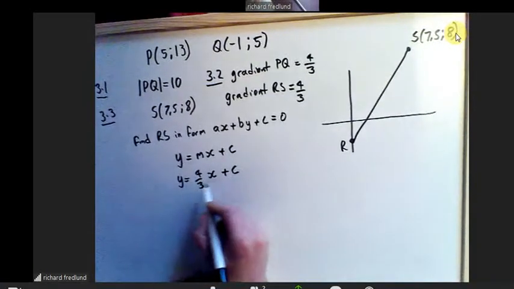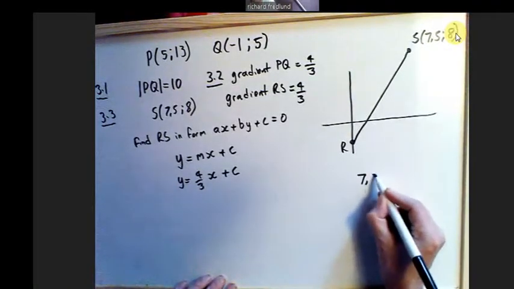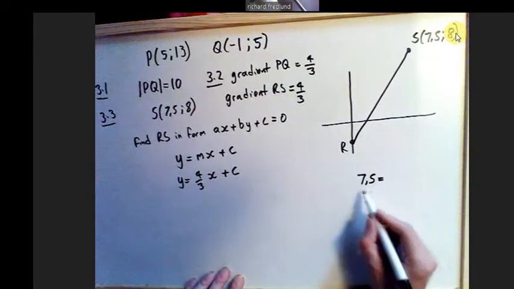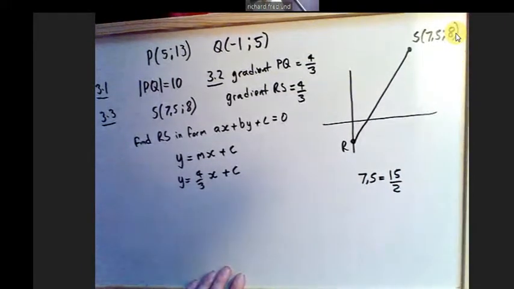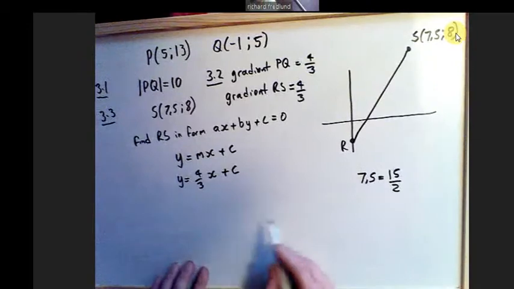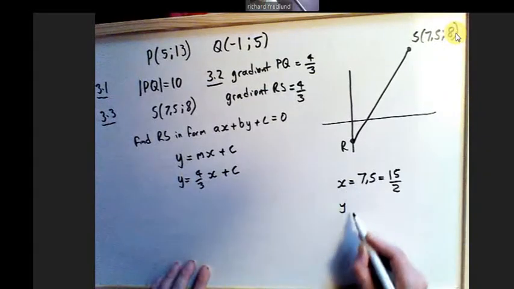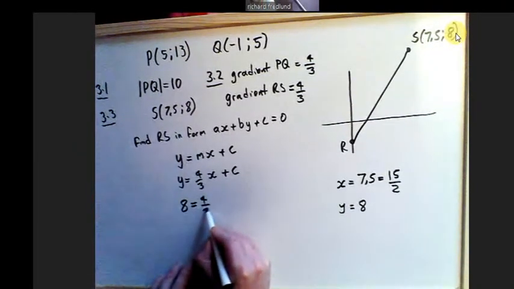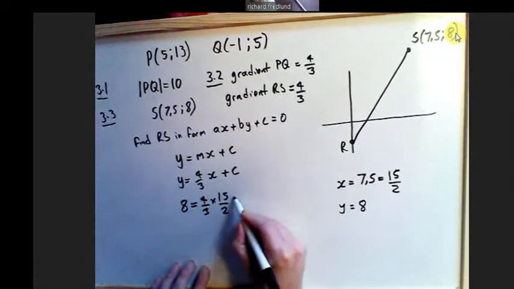So let's put those in. 7.5 is the same as 15/2. And the reason I'm going to do that is because it makes the numbers a lot easier when you put them in. So this is the value of x, and y is 8. So let's put the values in. 8 is equal to 4/3 times 15/2 for x, plus c.